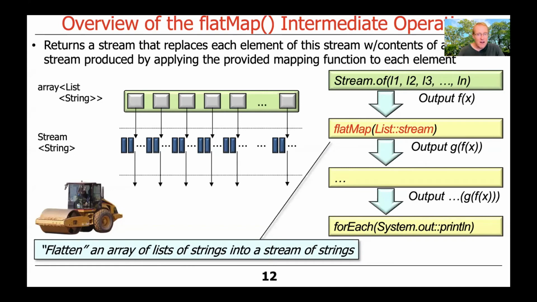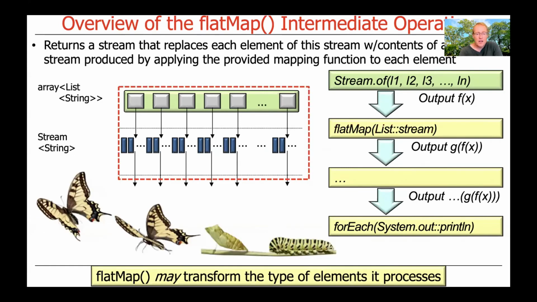And you see this is a very, very useful thing to do. Like map, flatMap can also transform the elements it processes. And to some extent, like filter, it can also get rid of elements. So for example, if you have a stream of empty lists, or a stream of lists where some are empty and some are not, then flatMap can be used to get rid of the empty lists, because of course there's nothing in them.